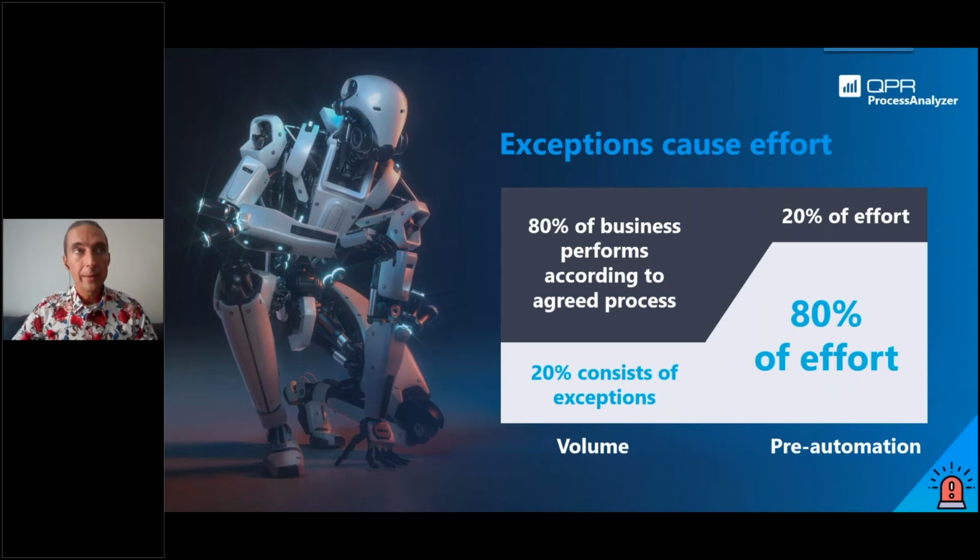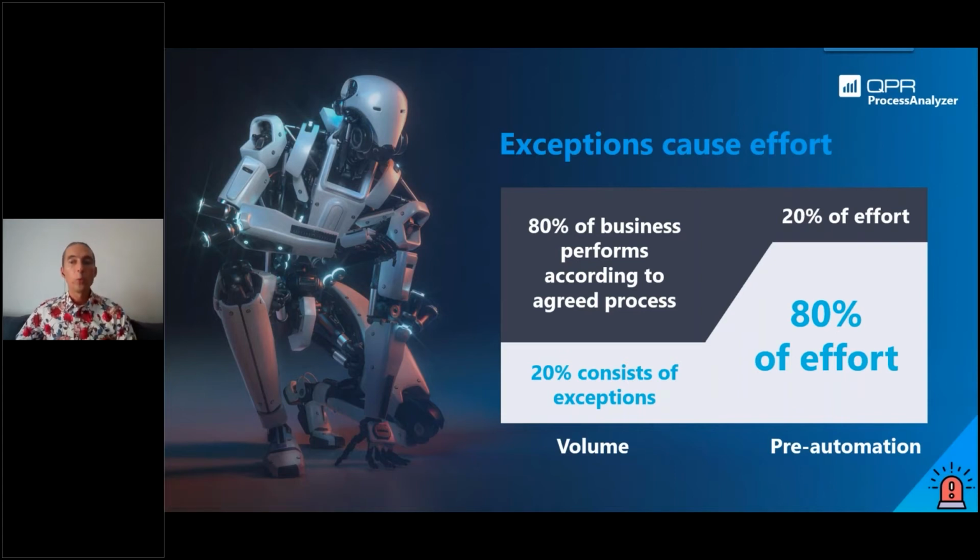So this means that if your organization is in this kind of situation, and you automate with very straightforward bots, you automate straightforward things, you can only reduce this 20% effort that is the streamlined agreed process way of doing. So your benefit that you can get with RPA is only in this area that is handled without exceptions.